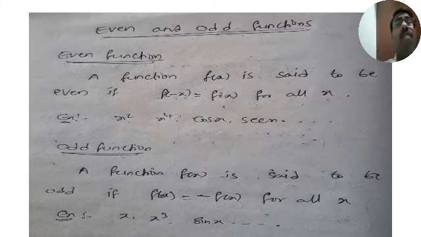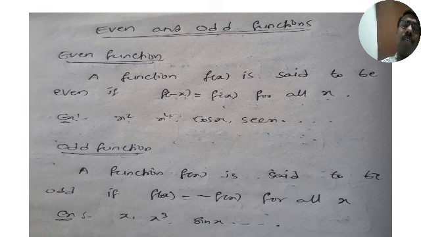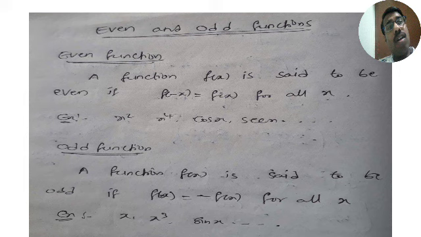So what is an even function? If f of minus x is equal to f of x for all x, then such functions are called even functions, and odd function is f of minus x is equal to minus f of x for all x, then it is called odd function.